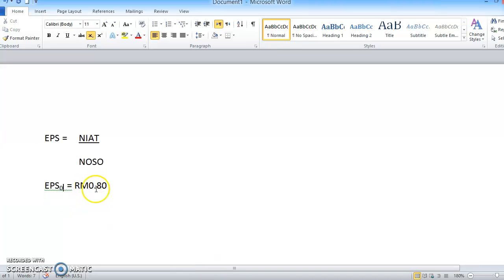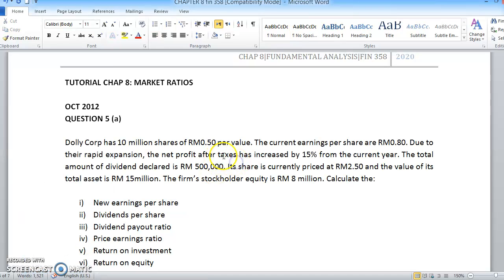So due to their rapid expansion, the net profit after tax has increased by 15% from the current year. So what happens is we will calculate from here, and we will look for the rest of the information.